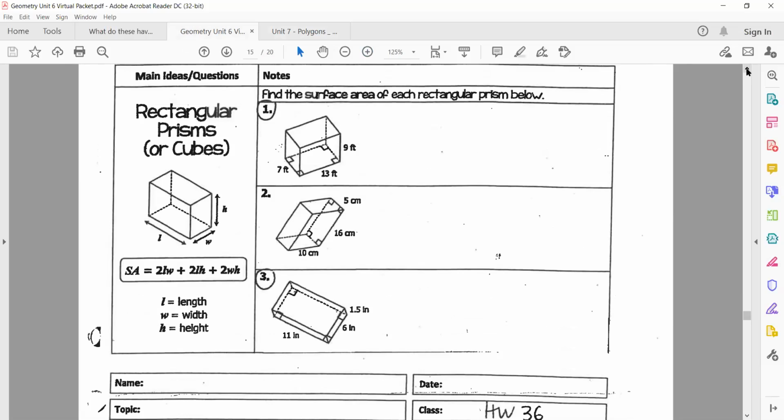Surface area, rectangular prisms look like boxes, right? Like a cereal box or a shoe box or Kleenex, and it says prisms or cubes. Maybe that's the small Kleenex box.